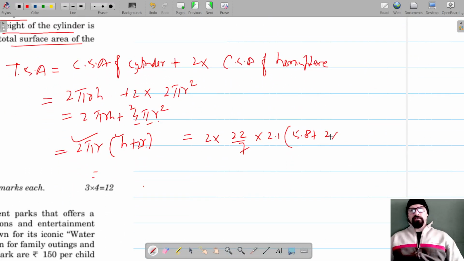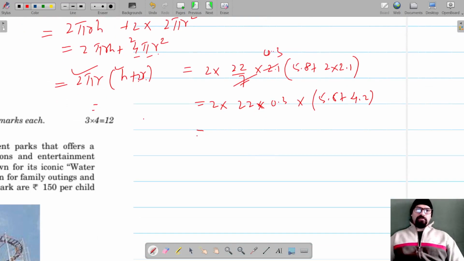So 2 into 22 into 0.3 into 5.8 plus 4.2, which is 10.